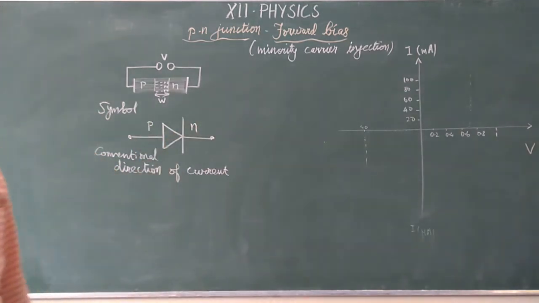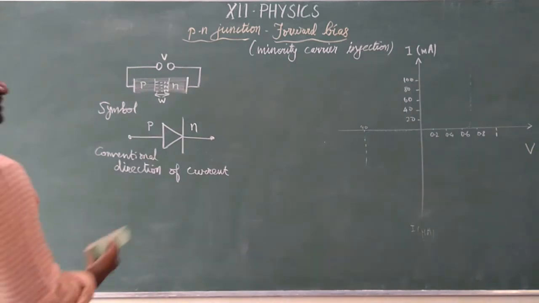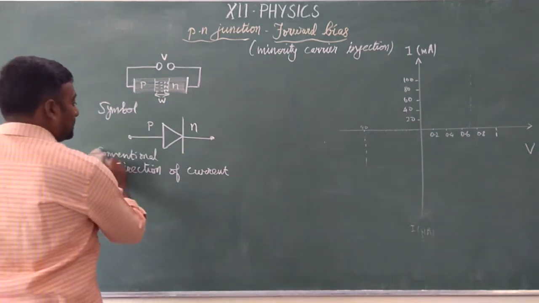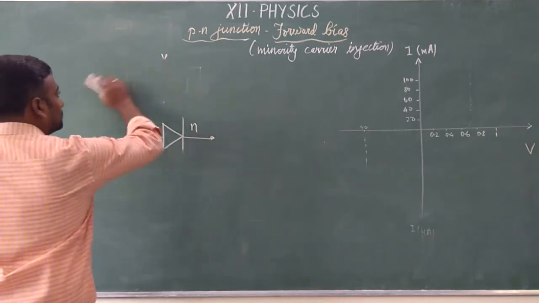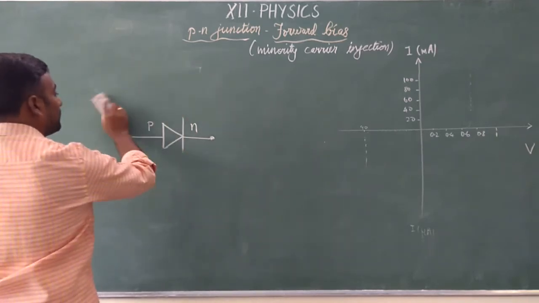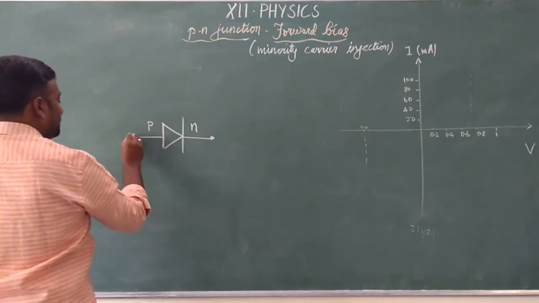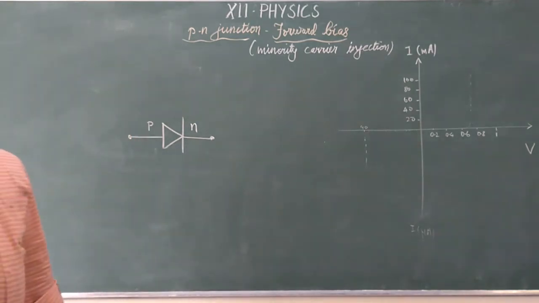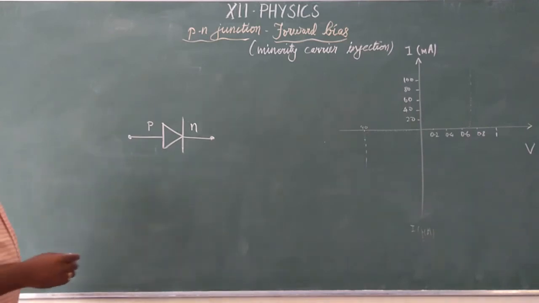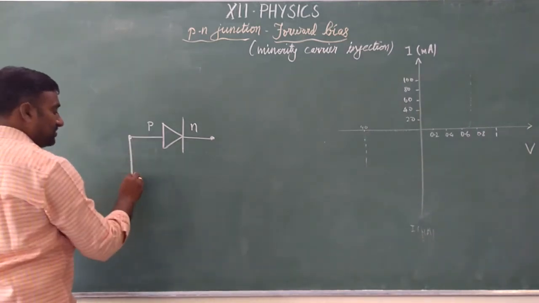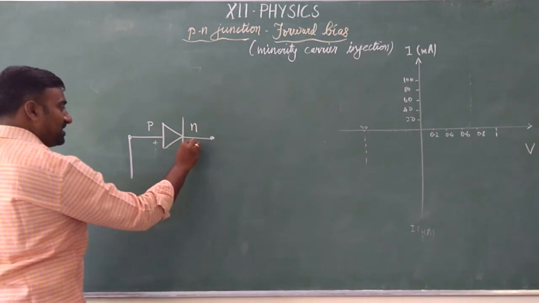Now we are going to see the PN junction under forward bias and under reverse bias. First we will see the forward bias. So usually we connect a battery such that the P side is positive and the N side is negative.